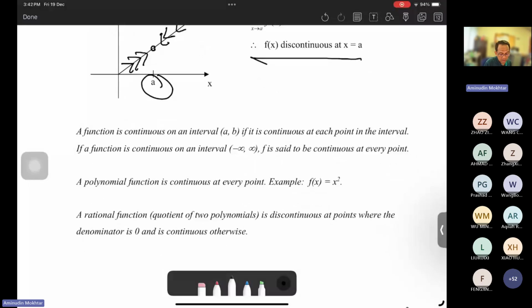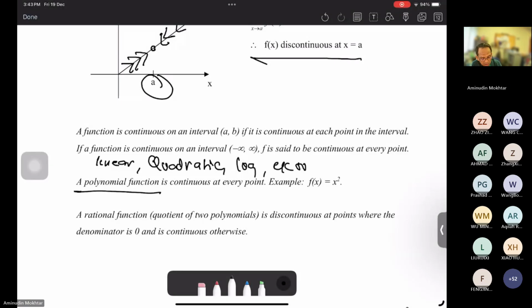Okay, that's for your information. The polynomial function. There is linear, quadratic, log, and exponent. All these functions are known as polynomial functions.